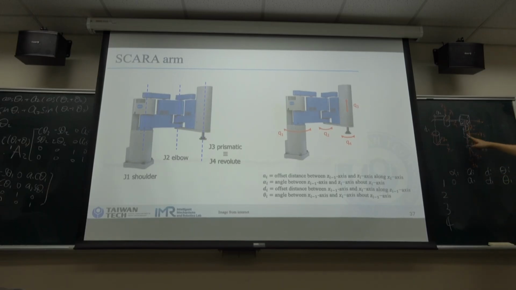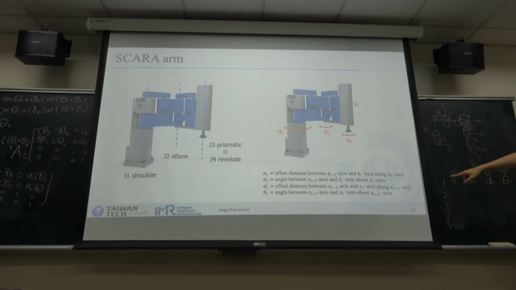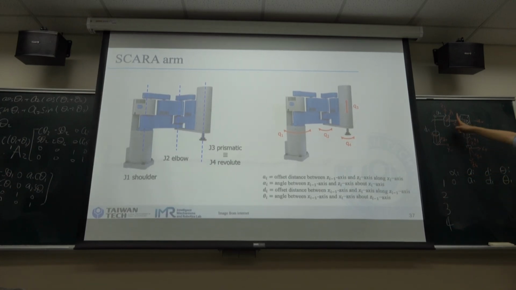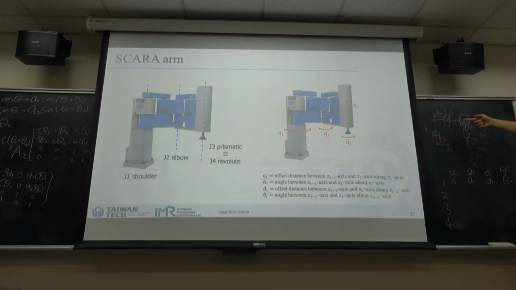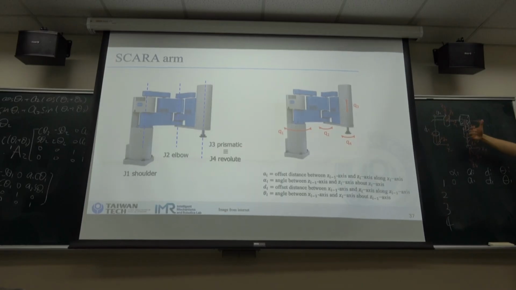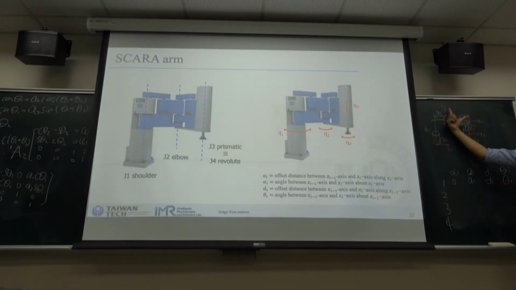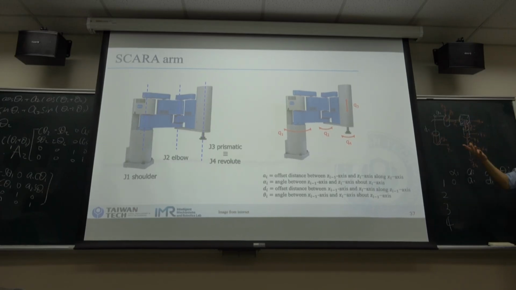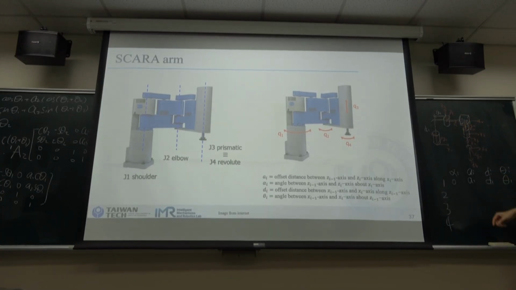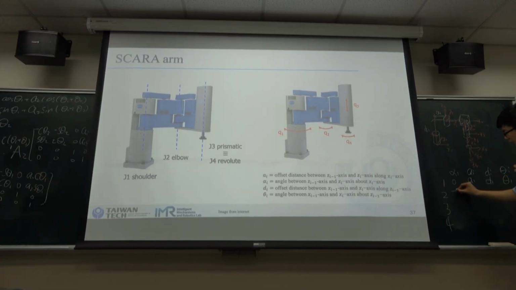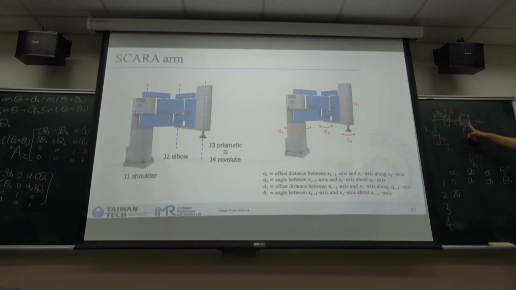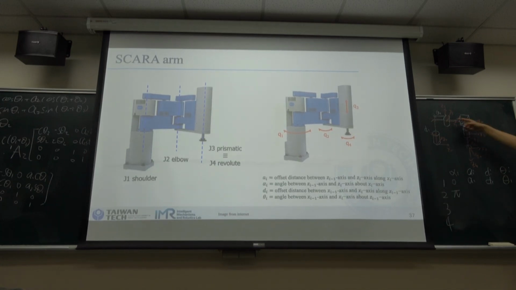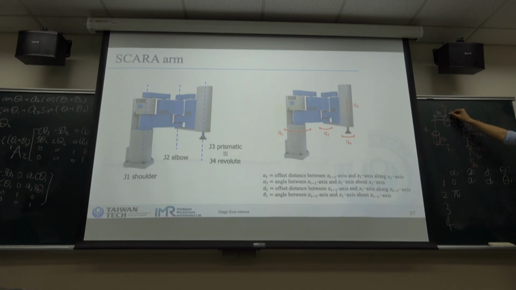And for the second one, alpha is the angle between Z1 and Z2 about x. Z1 is pointing upwards, and Z2 is pointing downwards. And x is here, so if we rotate about x, we need to rotate pi, or 180 degrees. So this one is pi. And a is the distance between Z1 and Z2 along x2, so here is a2.